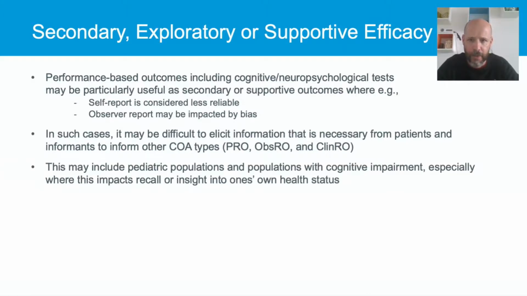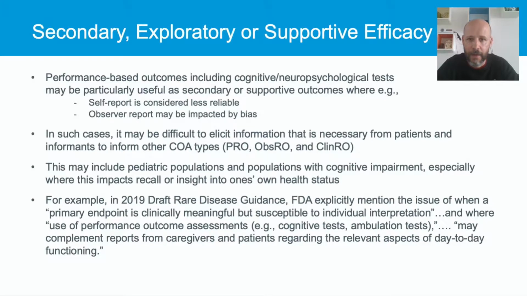And that might be in populations where the population themselves have some degree of cognitive impairment, such as Alzheimer's disease patients, and two, where study partners, caregivers, might also have some degree of impairment in terms of ability to report, or some degree of bias. But also we see other populations like pediatric populations where it's very difficult for them to self-report health status, or where we may be concerned about looking to support reports that come from parents with some objective evidence.